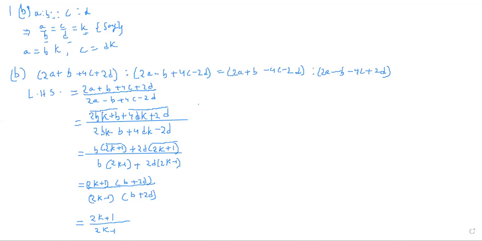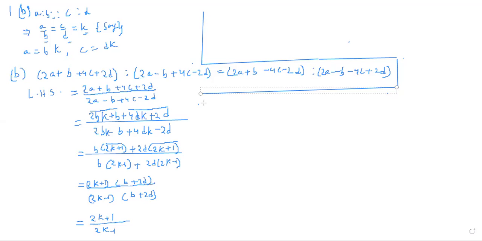Now the next step is very important. Mostly what students do, they start from LHS, and after getting 2K plus 1 upon 2K minus 1, leave it, and then start from RHS and prove the same thing for RHS also.